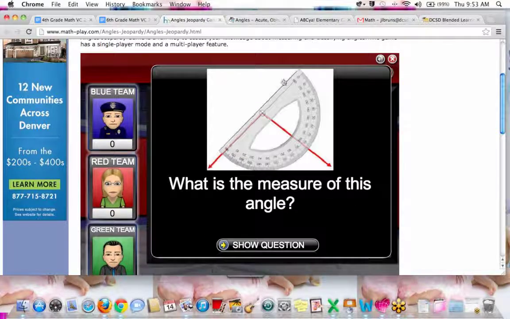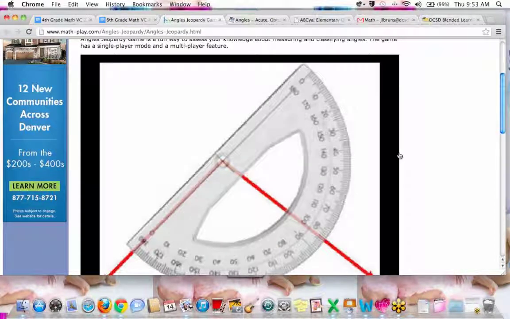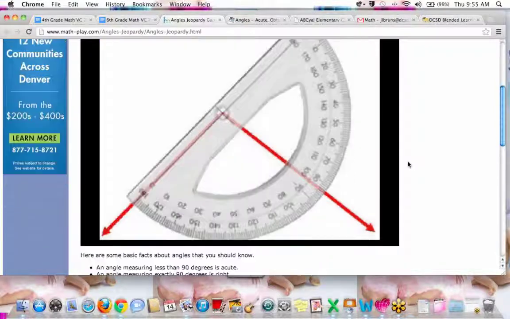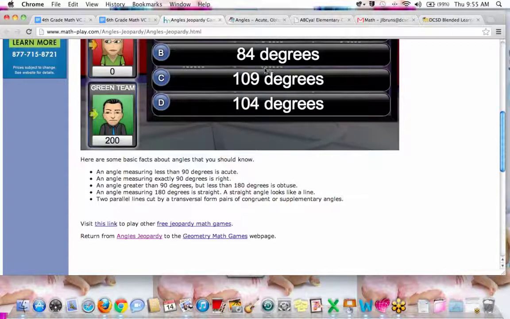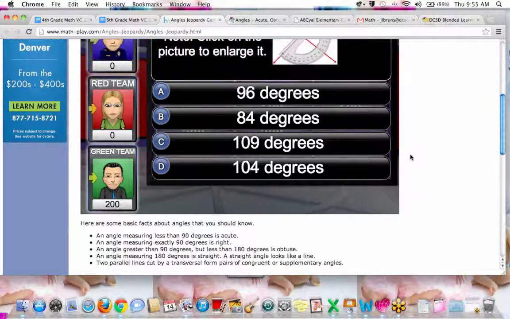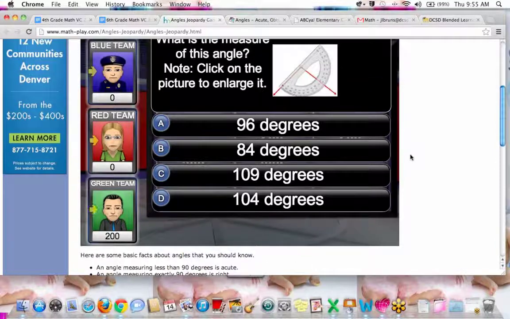What is the measure of this angle? Me. I think it was Jack. Go ahead, Jack. 90 degrees. 90 degrees. Okay. And, oh, well, here are our options. So which one do you think?